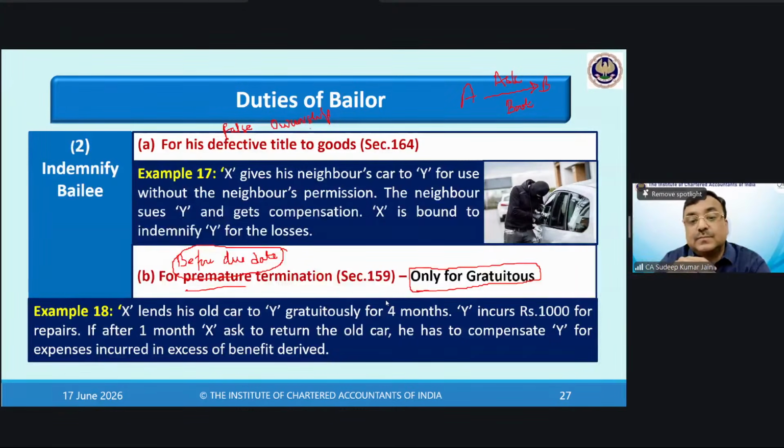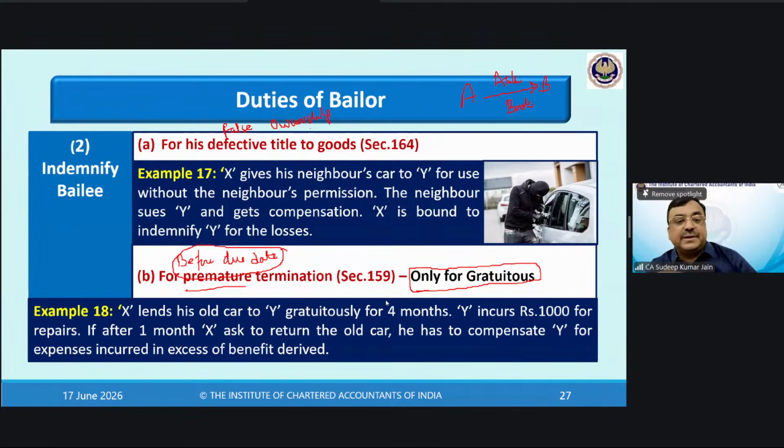Although if B suffers some loss in this premature termination, he can claim the compensation from A. ग्रेचुटियस बेलमेंट में ड्यू डेट से पहले रिकवर कर सकते हैं, लेकिन अगर बेली को लॉस होता है तो बेली बेलर से वो क्लेम कर सकता है.